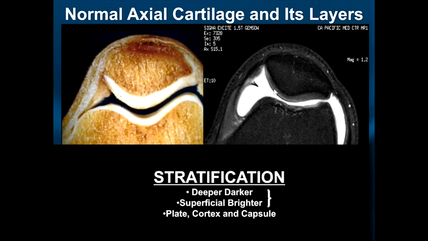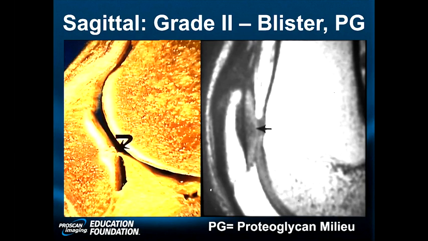Darker, deeper, lighter, more superficial. What's that dark thing? That is the free edge of the capsule. We have an apex, a lateral facet, a medial facet, and an odd facet with a normal parapatellar plica. And there are about 6 different types of plica. We don't need to discuss them today.